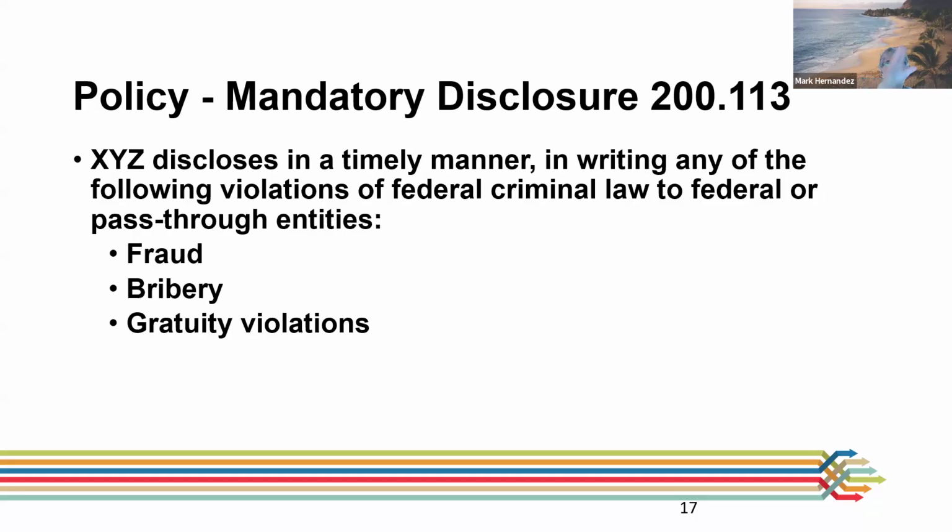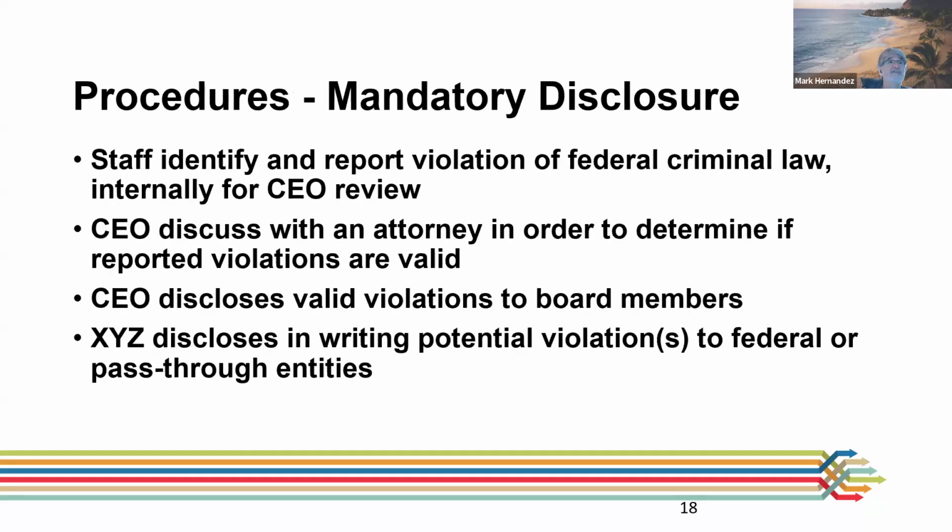What is it? So there's your policy identifying what is a federal criminal law. Then in your procedures, you start the process of providing a process for staff to identify and report any violations of crime like that internally to the CEO. From there, the CEO will discuss with the attorney to determine if those perceived violations are valid.